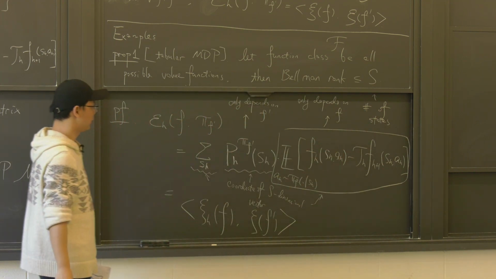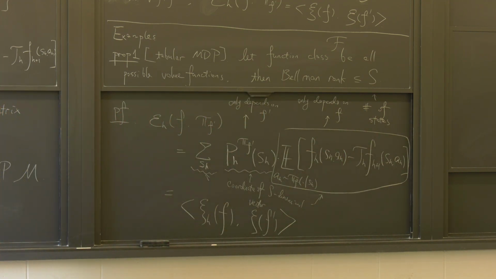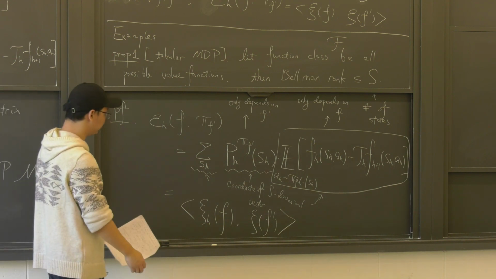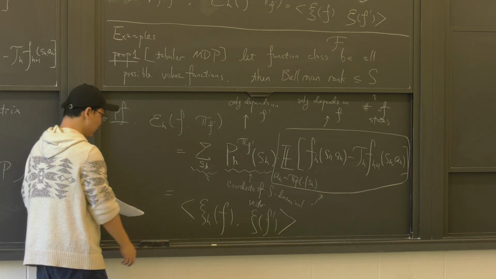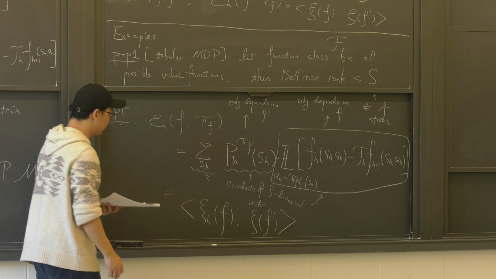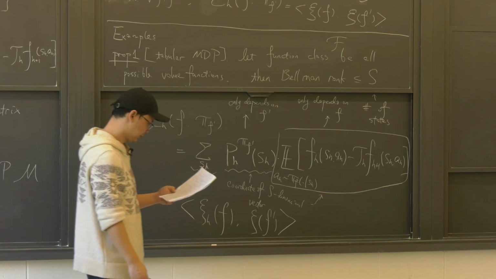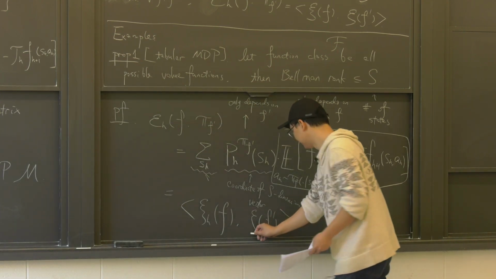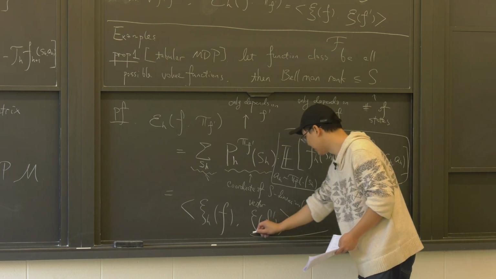So this decomposition already achieves what we want for the Bellman rank, and this essentially says the dimensionality is S. This inner product is S-dimensional.